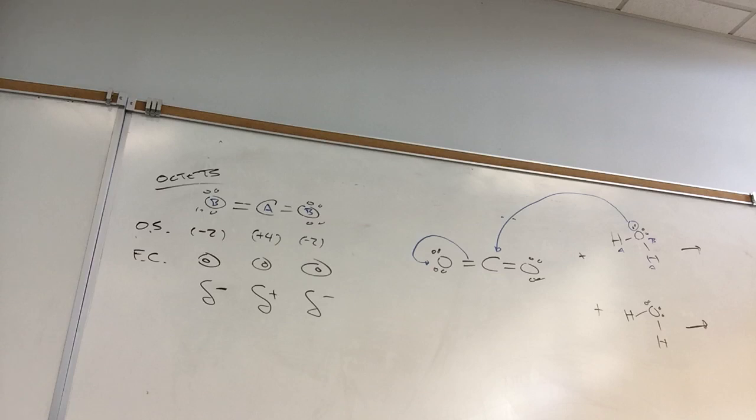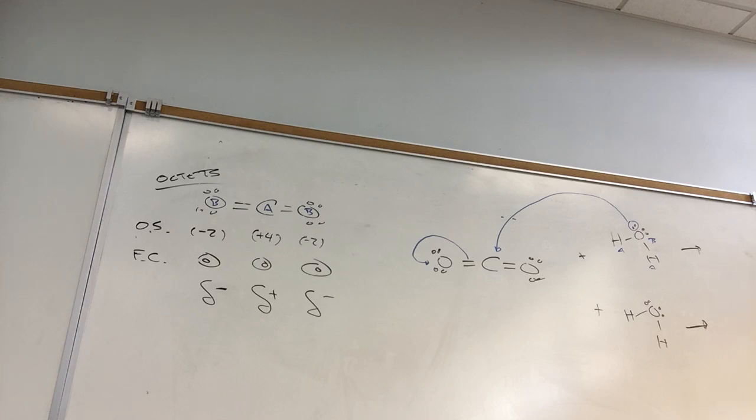But you look at this, did I violate the octet rule? No. Everything has an octet. If everything has an octet, is this a good structure? No, this is not a good structure. What's wrong with this structure? The formal charges.